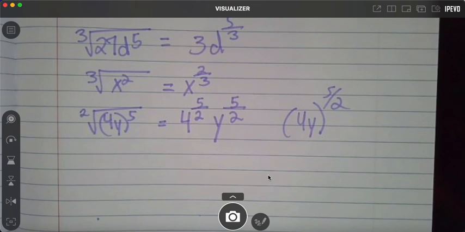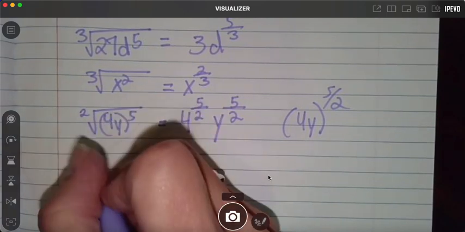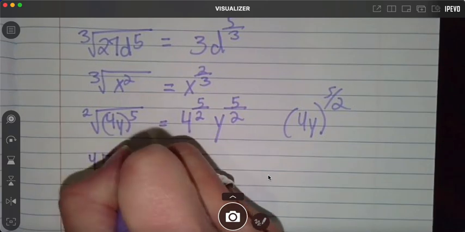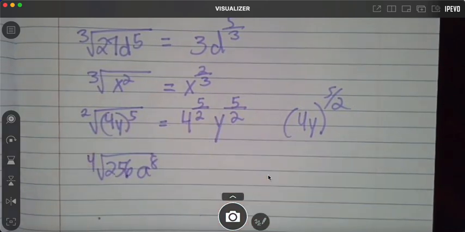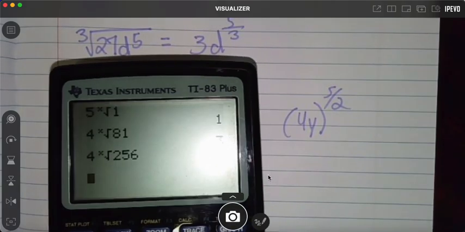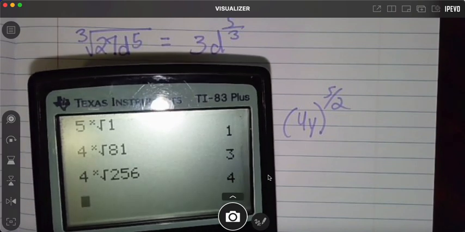The 4th root of 256 a to the 8th. Let me see if I can take the 4th root of 256. I can. The 4th root of 256 is 4.